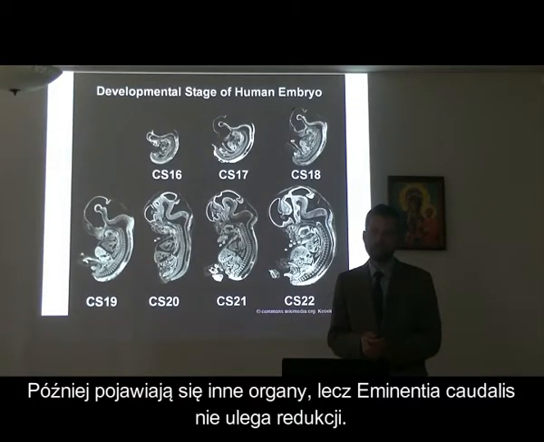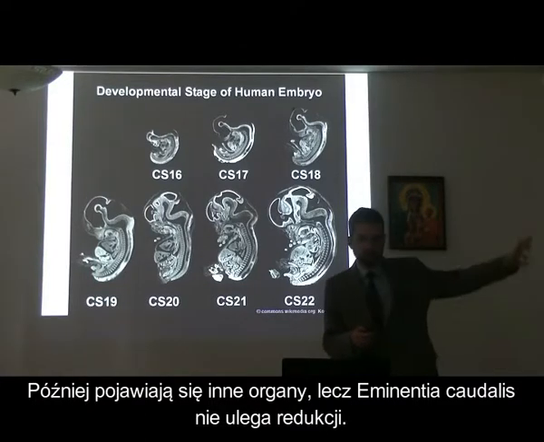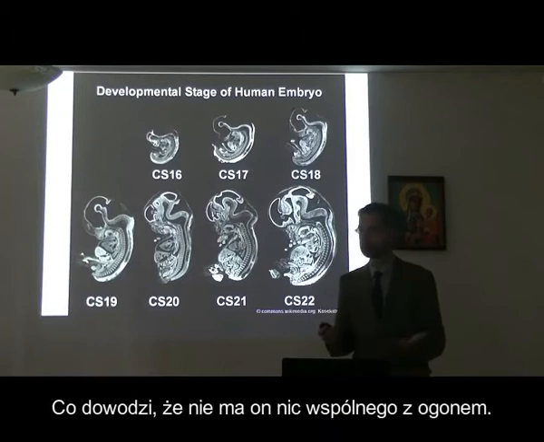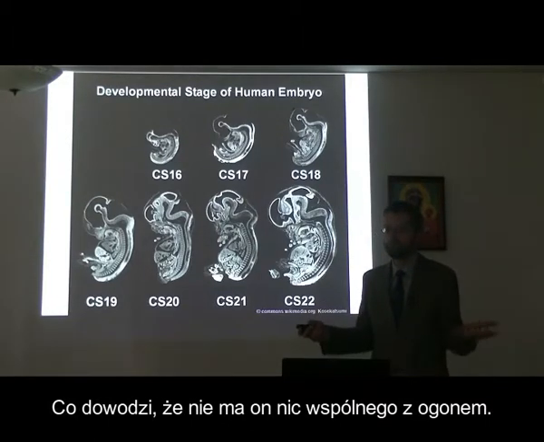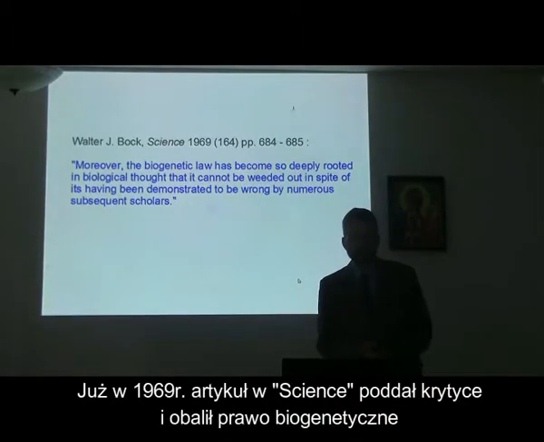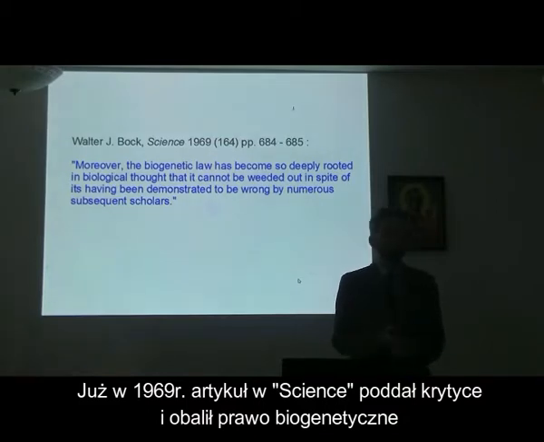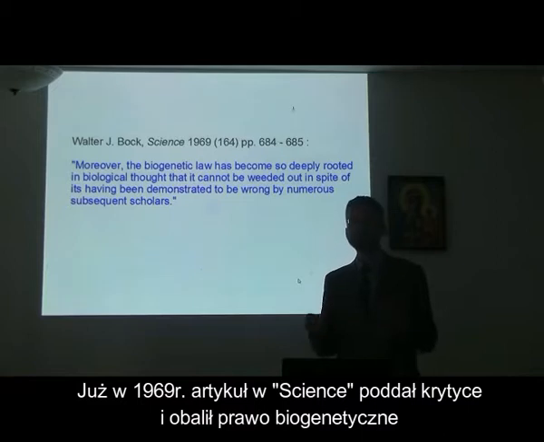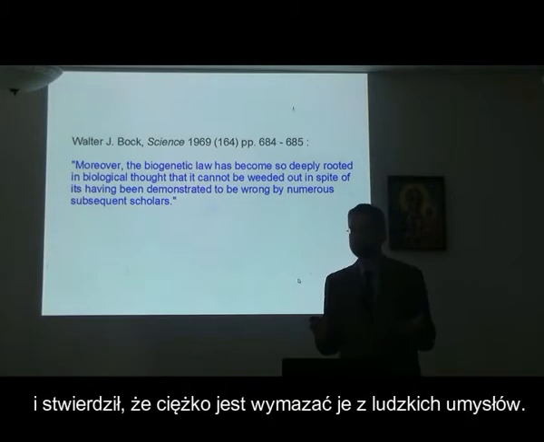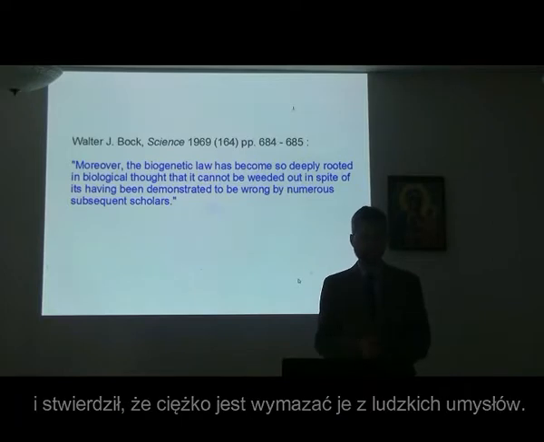And later, all the other organs come without reducing the caudal eminence, which clearly proves that this had nothing to do with a tail. However, a science article in 1969 already criticized and refuted the biogenetic law and told the world that it is difficult to get it out of the minds of people.